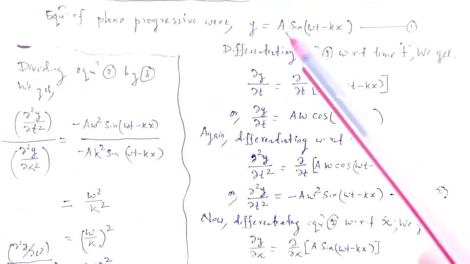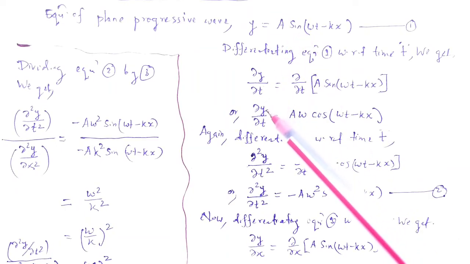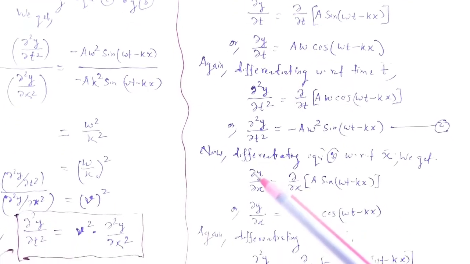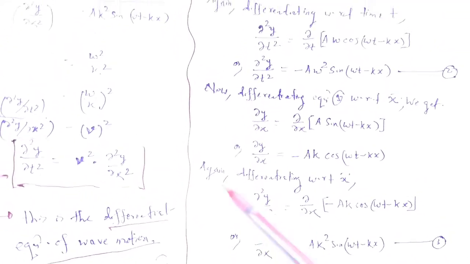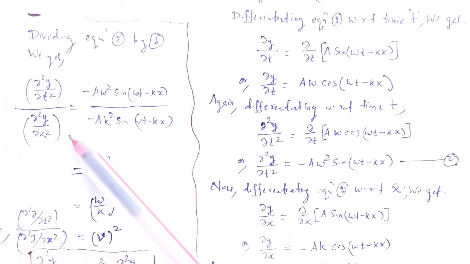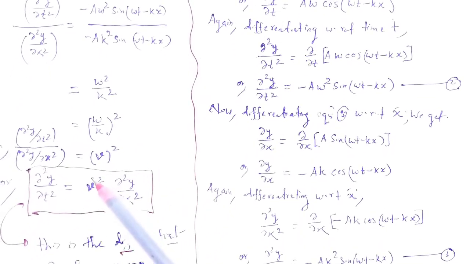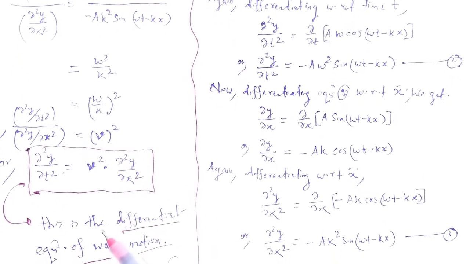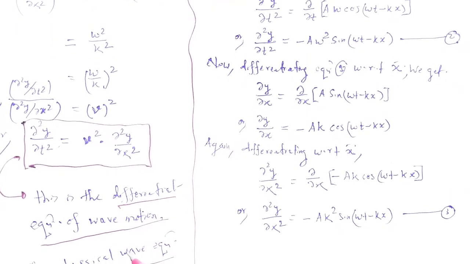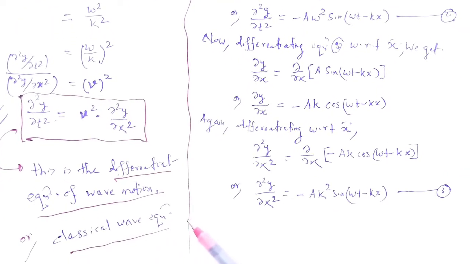First we differentiate the equation with respect to t twice, then differentiate the equation with respect to x twice, and dividing these two equations, finally we get a differential equation which is the equation of wave motion, or we can say the classical wave equation.